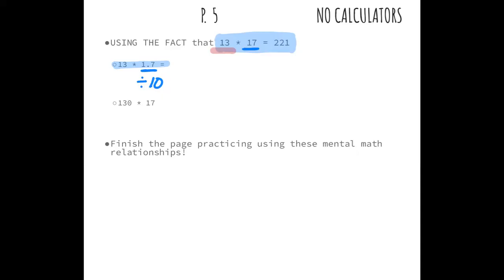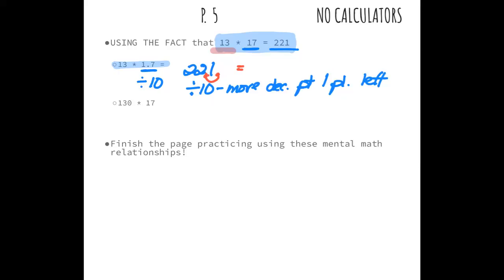If this is a similar problem, I should get the same answer, except if this is divided by 10, what's that going to do to my answer back here? I would also have to divide by 10. When you divide by 10, you are going to move that decimal point 1 place to the left. So this becomes 22.1.